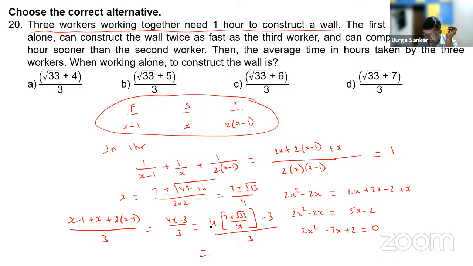The 4 and 4 get cancelled out. So we get 4 plus root 33 by 3. Answer option A. So definitely a type B or a type C question, purely because of the amount of time it takes to answer.